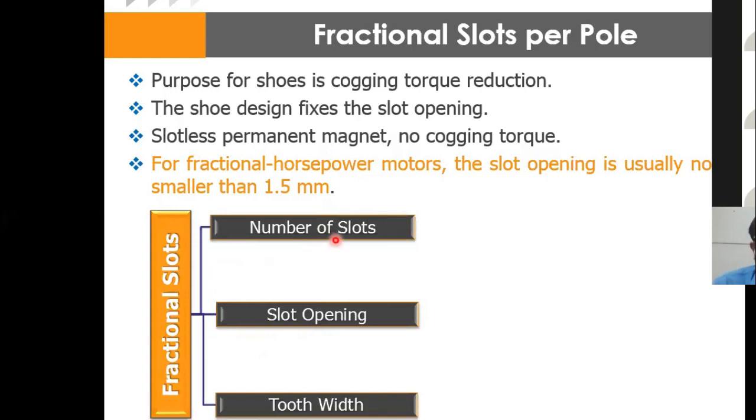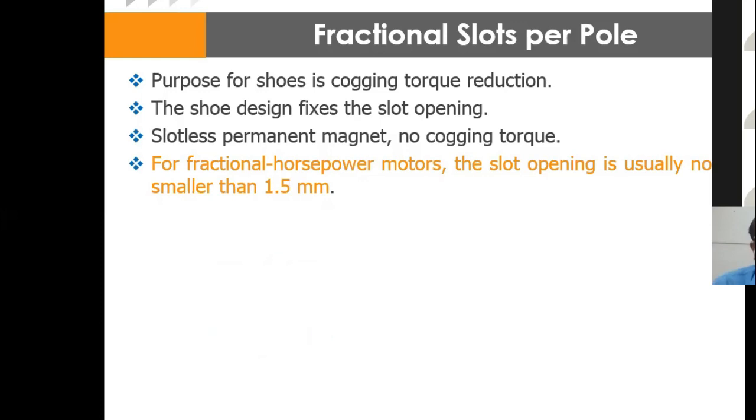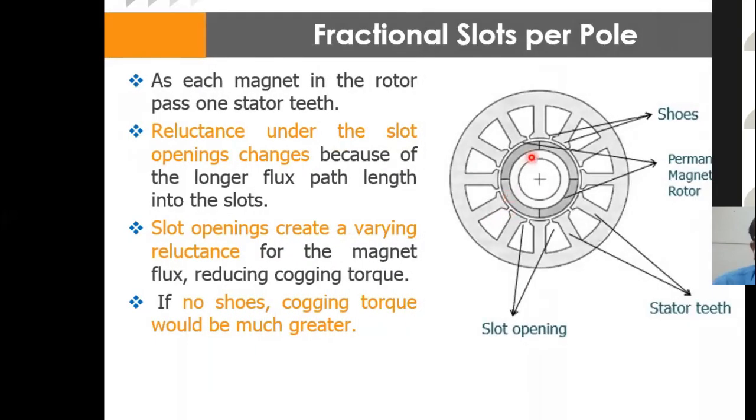If you divide the number of slots on the stator by the number of rotor poles, it should be a fractional number. That is one. The next is slot opening. Here you can see, if you keep this opening more, your cogging torque will be more. If you reduce it, these shoes also help in reduction of cogging torque.